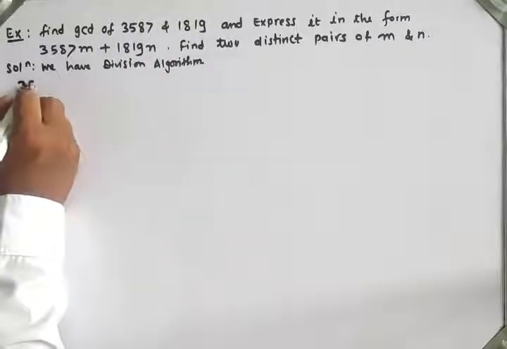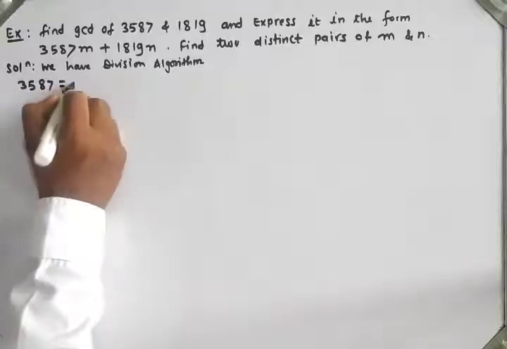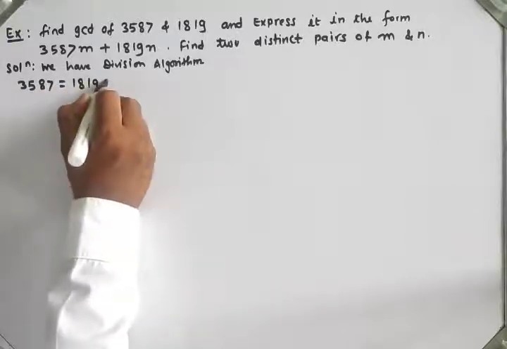So 3587 is divided by 1819. What will be the quotient?